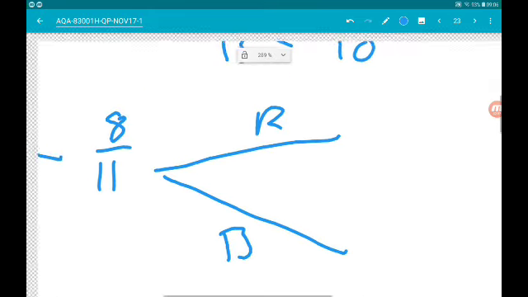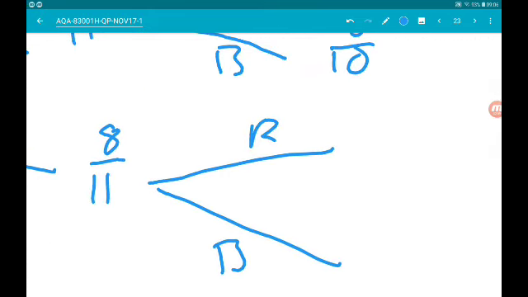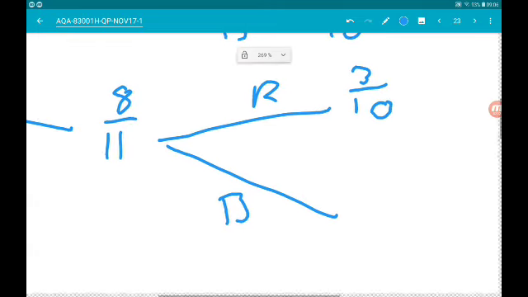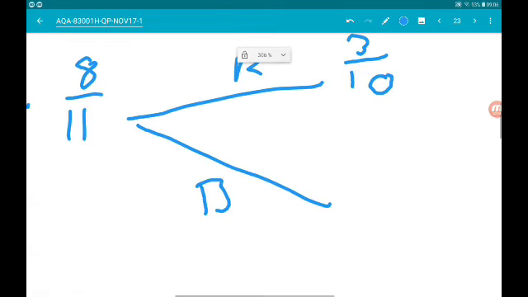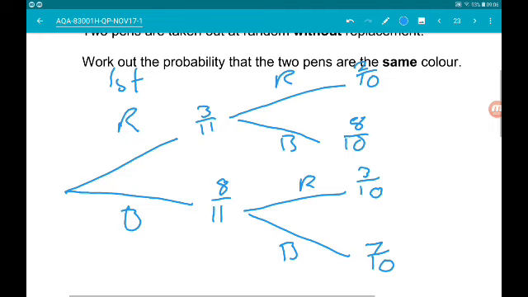If we took a black, then the probability of getting a red would be 3/11. No, it wouldn't. 3/10. And the probability of getting a black would be 7/10. So there's our tree diagram.